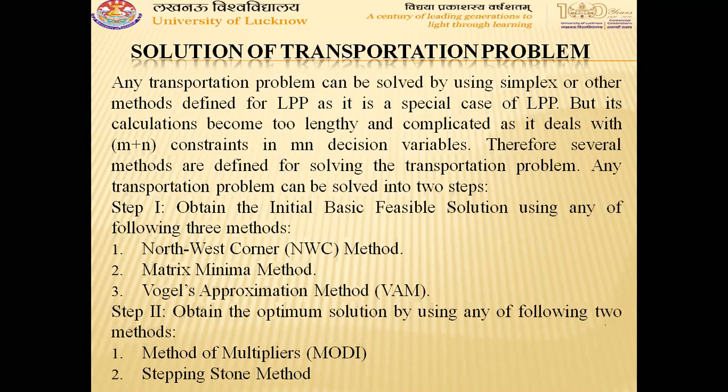But there is a problem that there will be only m plus n constraints in m into n variables. That means if we have 4 rows and 5 columns, we have only 9 constraints and 20 decision variables. That means we have to do a lot of work for solving the transportation problem by means of the linear programming problem.